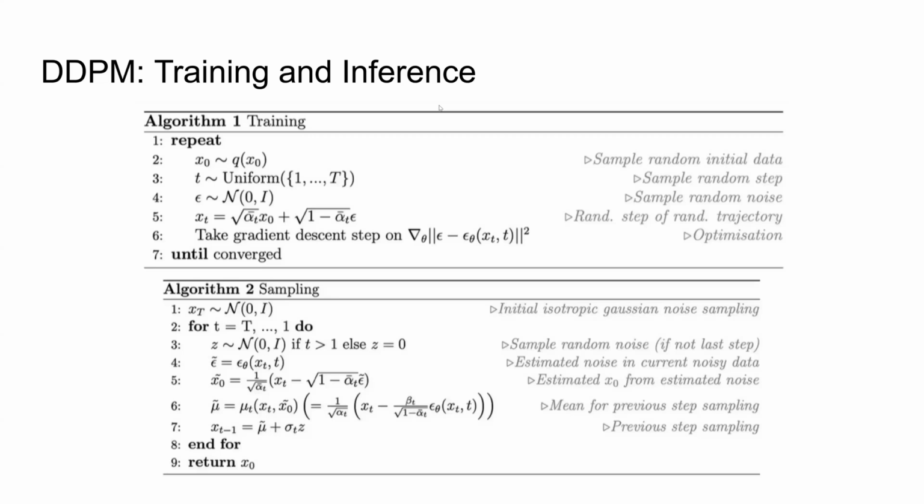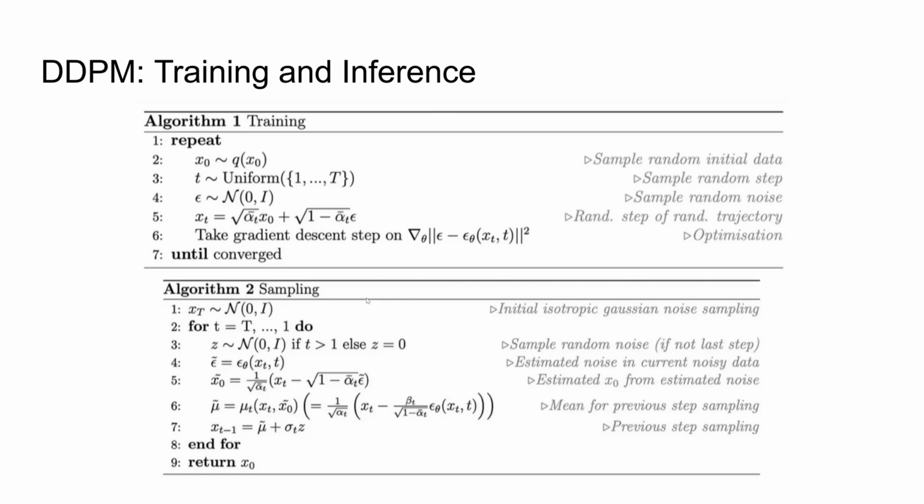And after we've got our simplified training objective, it boils down to this training algorithm, where we sample input data, sample a uniformly sampled time step, sample a random noise. We calculate the noisy input using our property at time t, and we optimize our model to minimize the Euclidean distance between the actual noise and the noise predicted by our model.